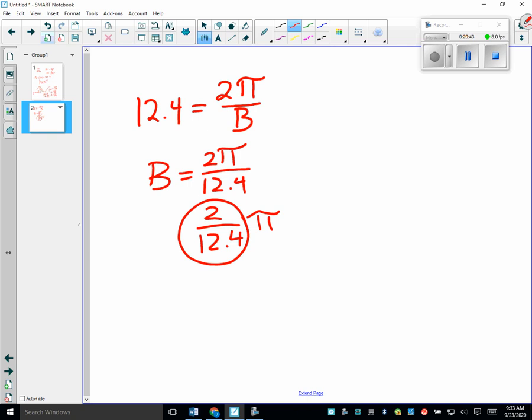It had rounded too much. So are we okay with 5 pi over 31?